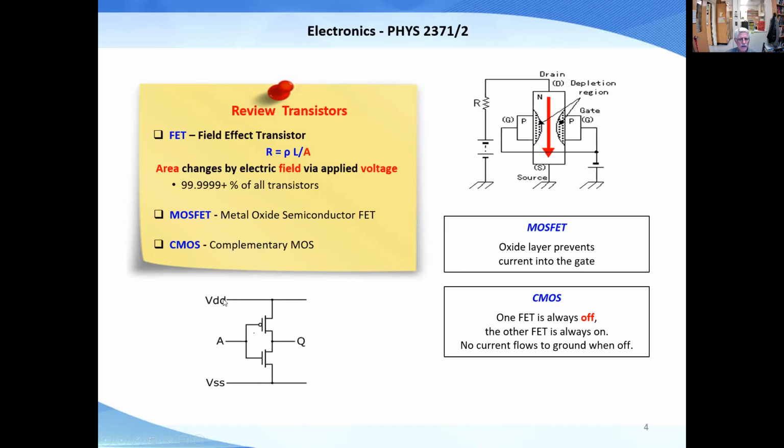So you don't get any current going from the source to the drain through this because one of these things is always off. So no current flows in it. Otherwise, if they didn't have CMOS in your phone, you would be charging it probably every 15 minutes or less.